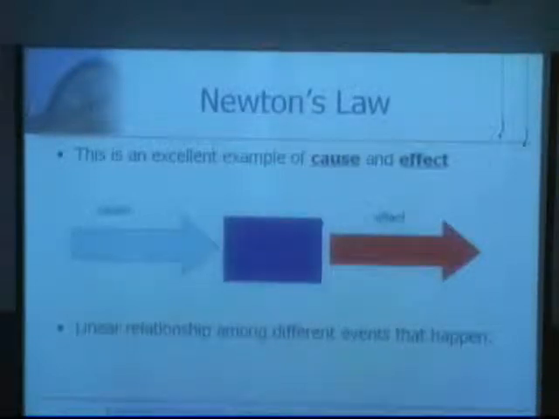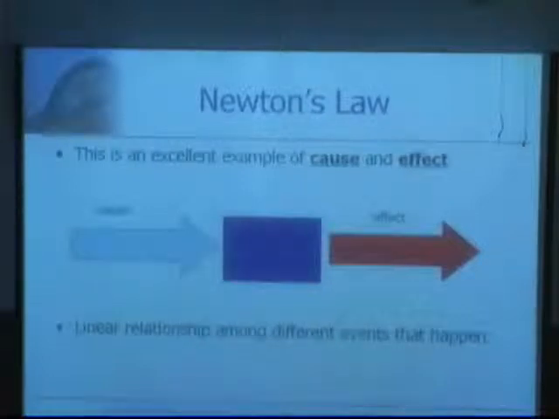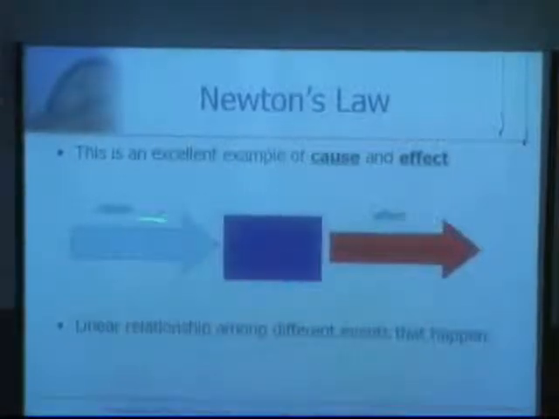The important thing here, conceptually, is that there's this linear relationship among different events that happen. I guess there's only two events here, so that should be "between", if there are any AP English people in the class. But there's a cause and a downstream effect, and it happens linearly.